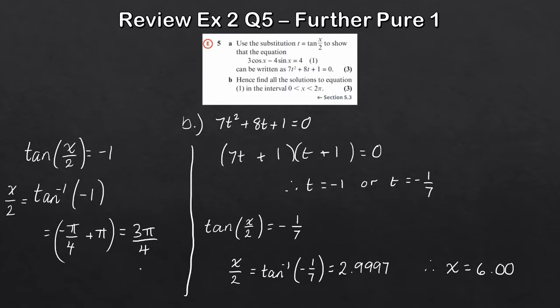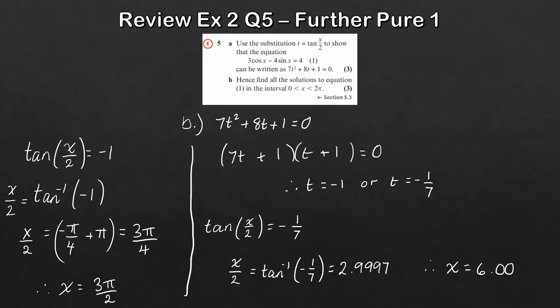Okay, so again, that's x over 2. So to get x, I need to times this by 2. Okay, so that gives you 6 pi over 4, which we can simplify as being 3 pi over 2. Okay, so there we have it. So that's another question done.